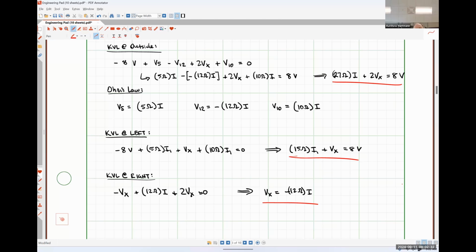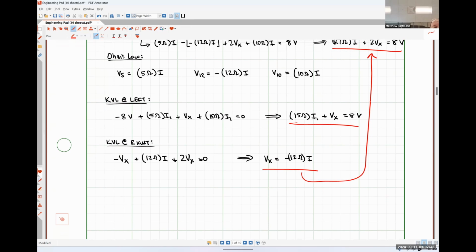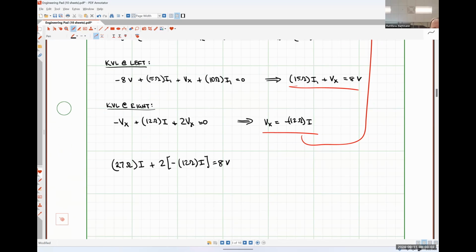So what I'm going to do is substitute this guy into here because my ultimate goal in this problem was just to determine the current I. So we have 27 ohms times I plus 2 Vx, where Vx is negative 12 ohms times I, is equal to 8 volts.